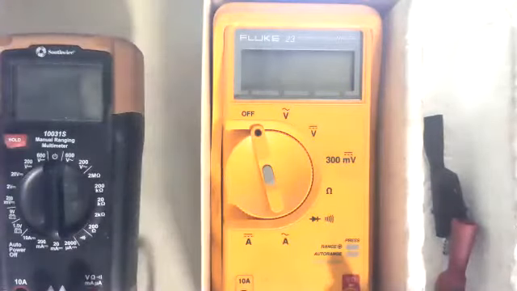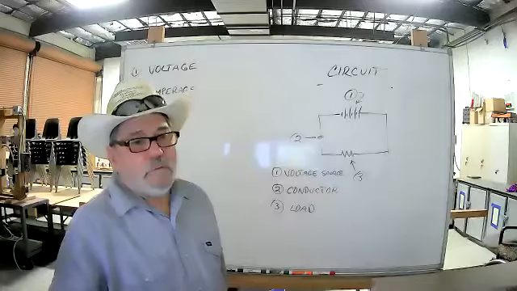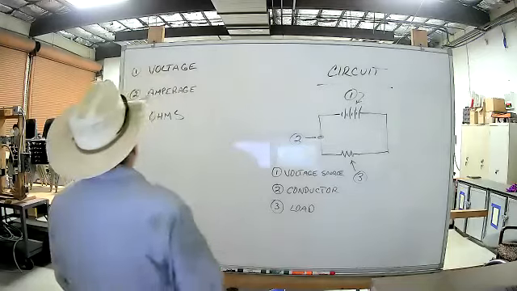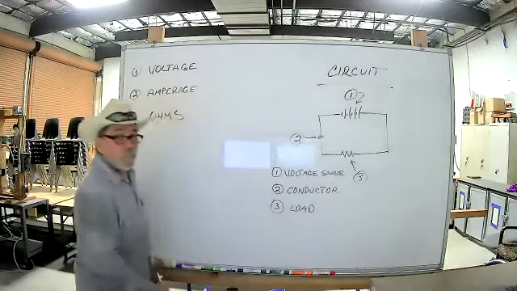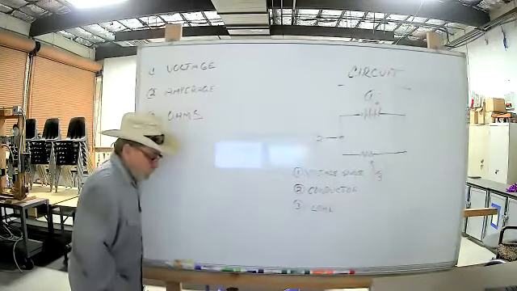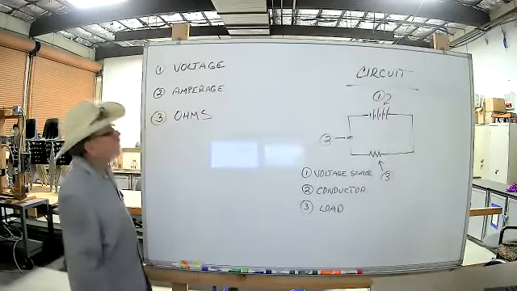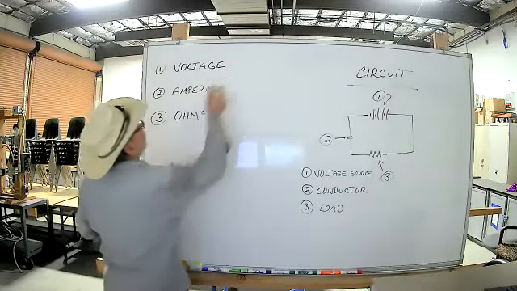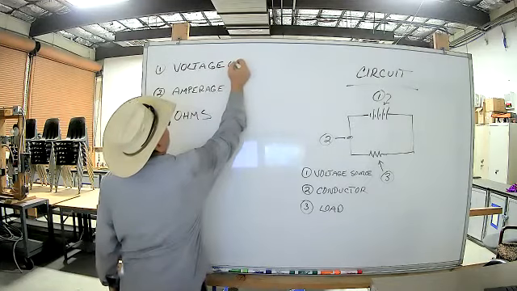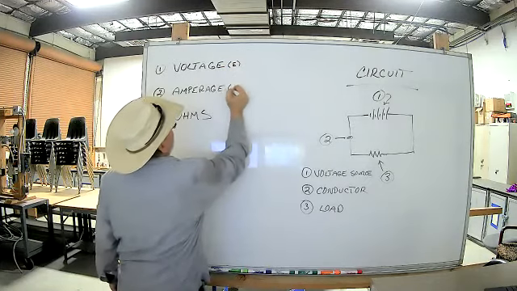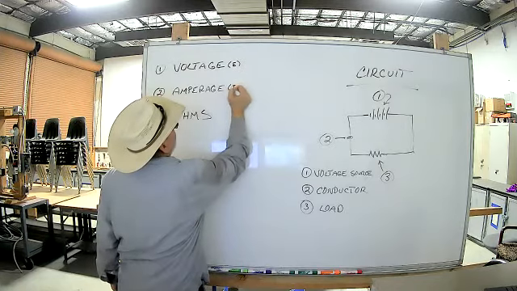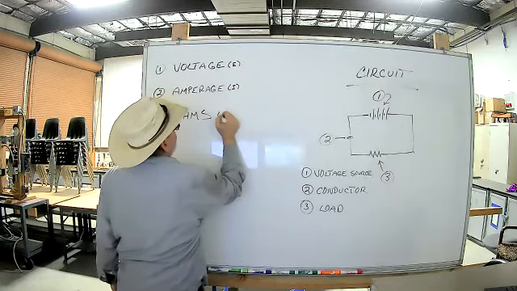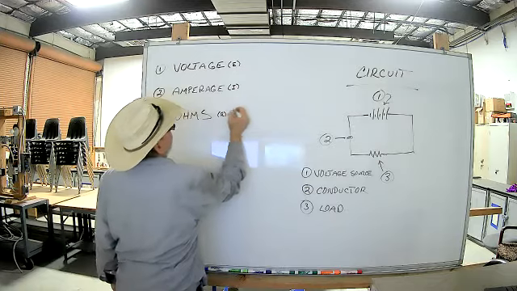So back to the board. Let's take a look at this. So back on our board, we have voltage. In the book, they're going to call it E for electromotive force, and they're going to call this I, and they're going to call this R for resistance.